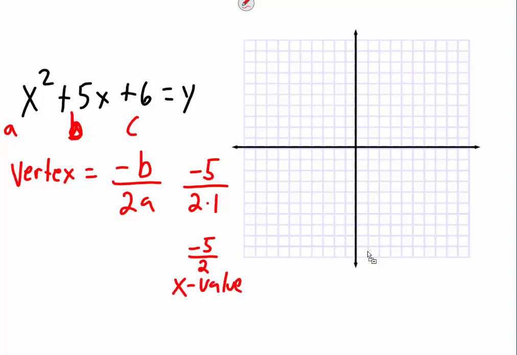And so we know that at the moment our vertex is at negative 5 halves, so it's somewhere along this line right here. Now, in order for us to find the y value, we need to plug this back into our original equation and solve for y.